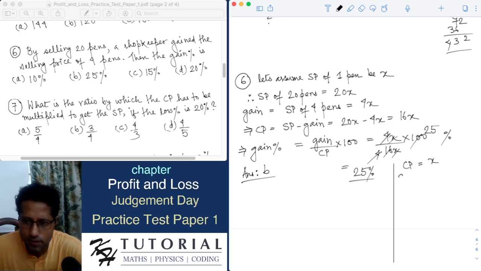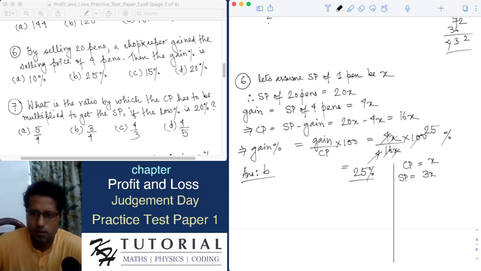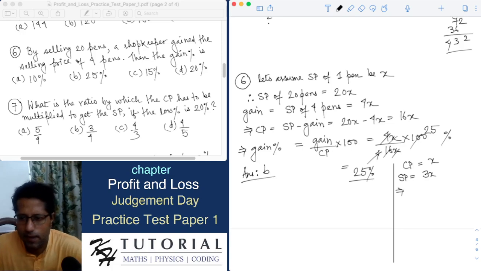Now let's say the selling price is 3x. So therefore the gain is SP minus CP, that is 3x minus x, that is 2x.